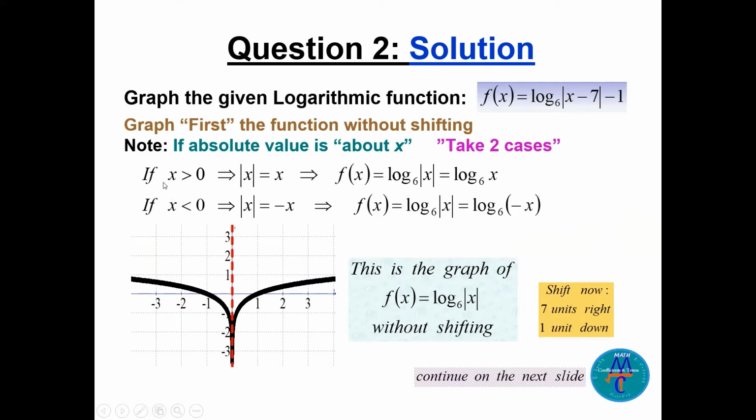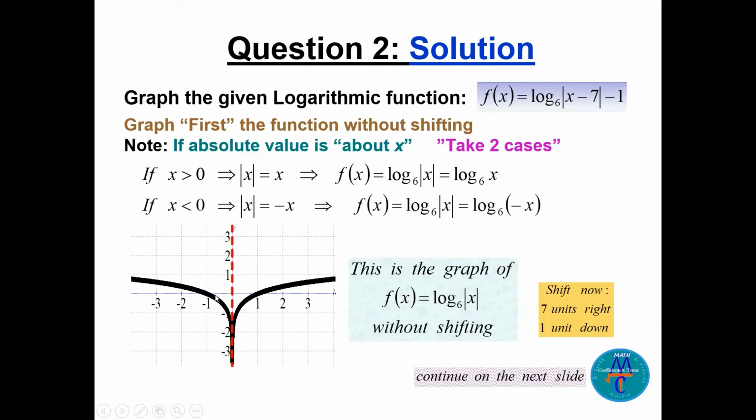Now to do this graph, we have to take 2 cases. X positive, that means the absolute value of x is x. So the function becomes log base 6 of x, which is this part here on the positive x. If x is negative, absolute value of x will be minus x. So this becomes log base 6 of minus x.